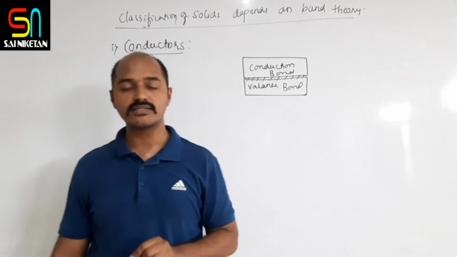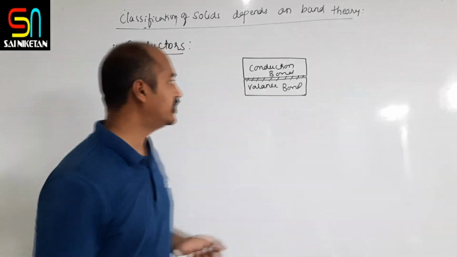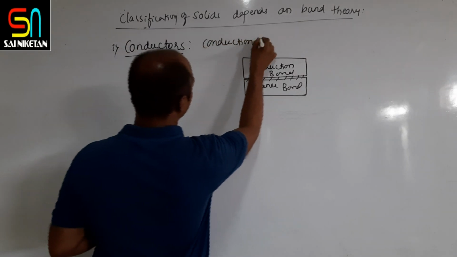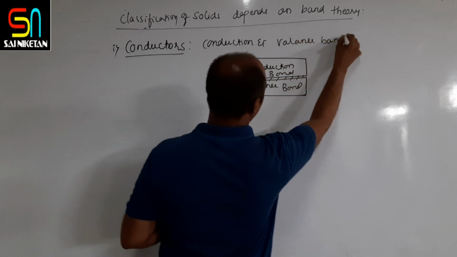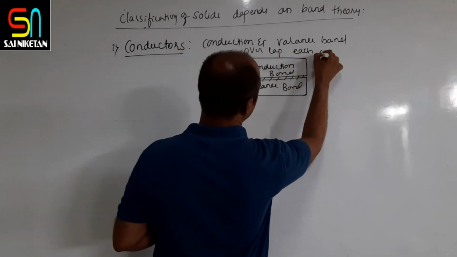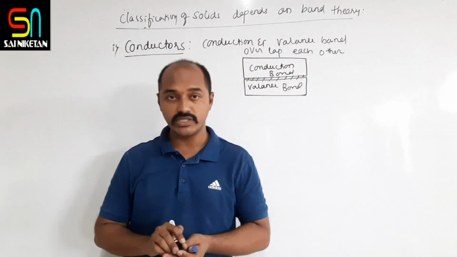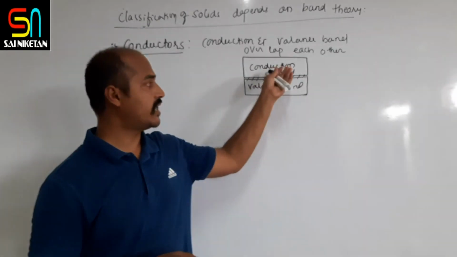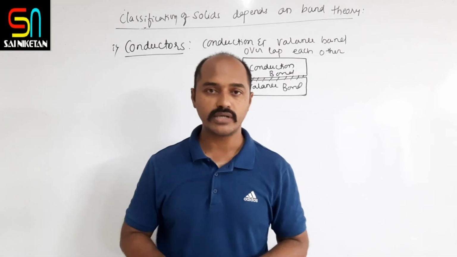Then those solids are called conductors. Here the conduction band and valence band overlap each other. So there is no gap between the conduction band and the valence band. These kinds of materials behave like conductors at almost all temperatures.